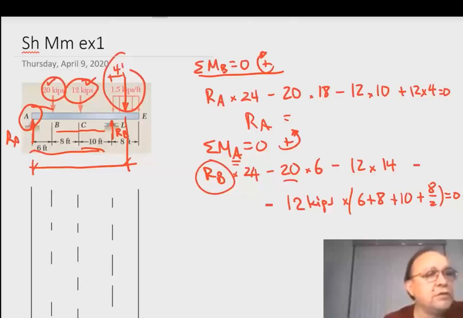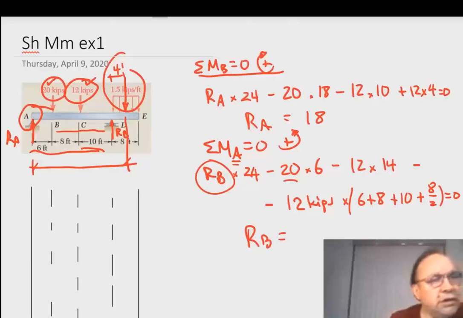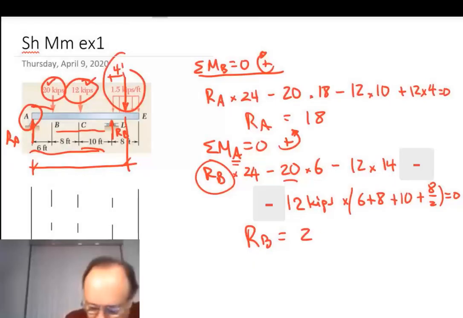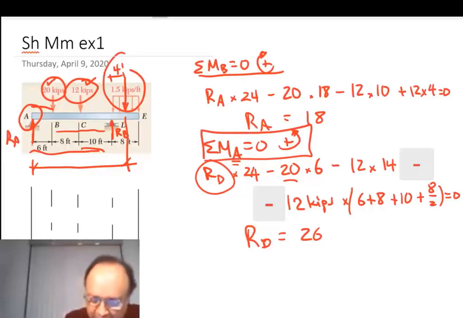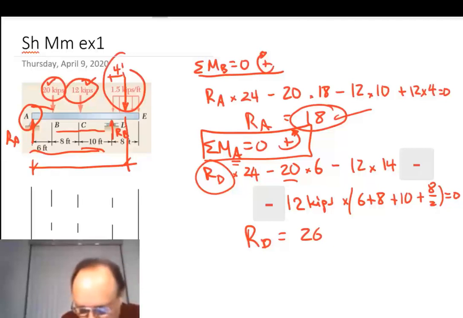RA equals 28 kips, and RB equals 26. But I like to do summation of moments instead of summation of forces, because if you made a mistake when you calculate RA, you're going to make a mistake also in the other reaction if you use this one to calculate the other. In this case, they are independent.